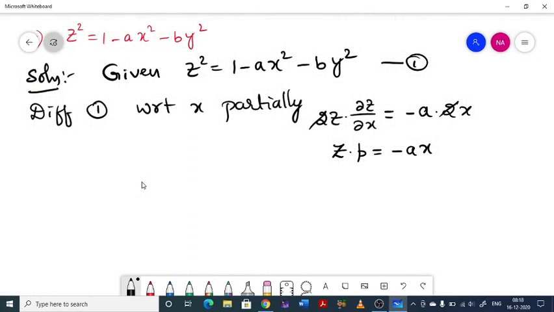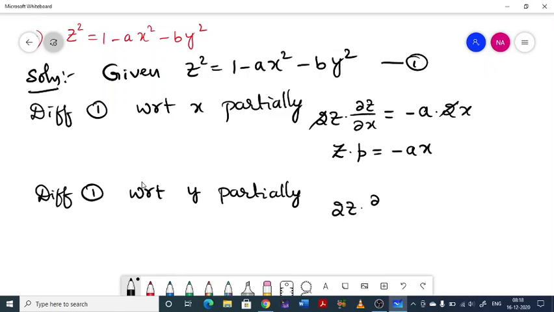Next, similarly, differentiating 1 with respect to y partially, we'll get 2z into dou z by dou y equal to minus 2b into y. So 2 gets cancelled. Z into q equal to minus by.